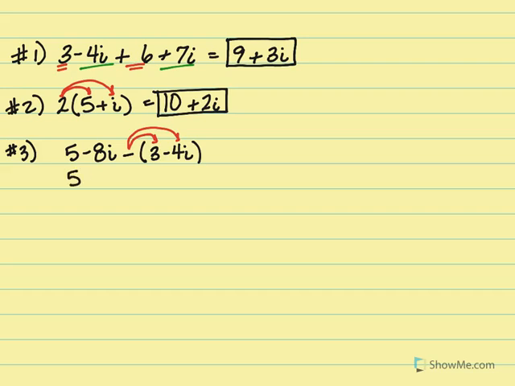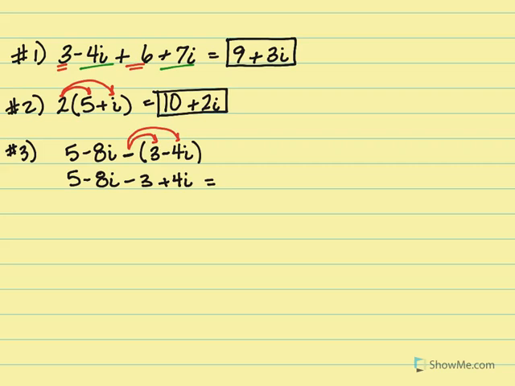So when you multiplied through, you had 5 minus 8i minus 3 plus 4i. The negative times the negative equals the positive 4i. Now just like example number 1, now we're going to combine like terms. All right, let's see how you did.